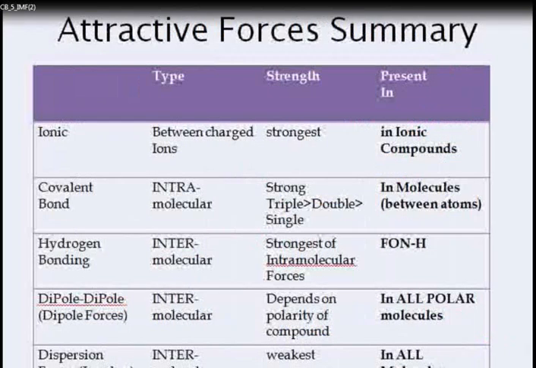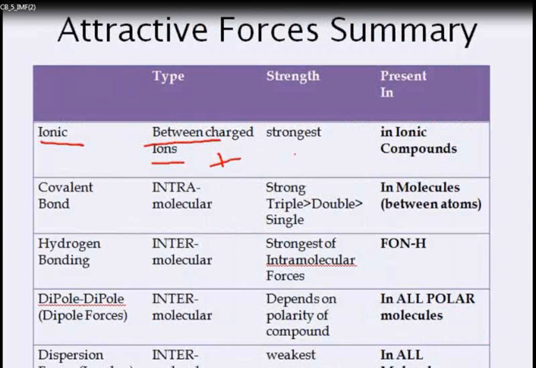Alright, so let's take a look. This is a chart that summarizes everything we've talked about in terms of attractive forces. So we can have intramolecular forces and intermolecular forces. So if we're looking at attractions, ionics are the strongest because they're between charged ions. They're actually full charges. It's the strongest. They occur in ionic compounds.